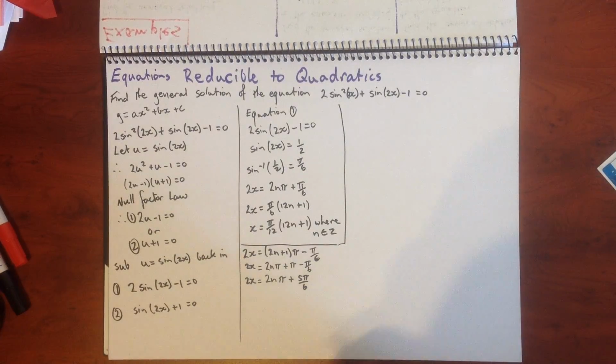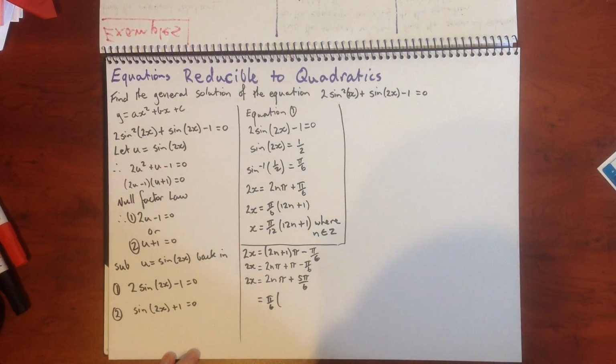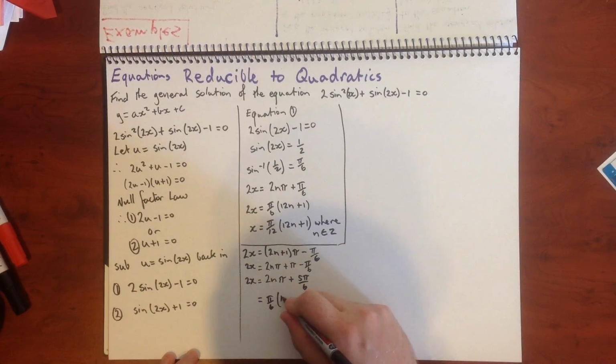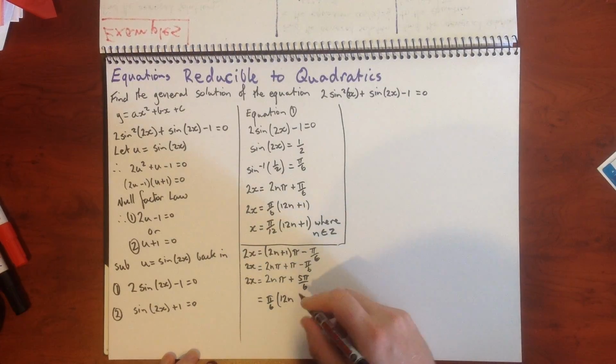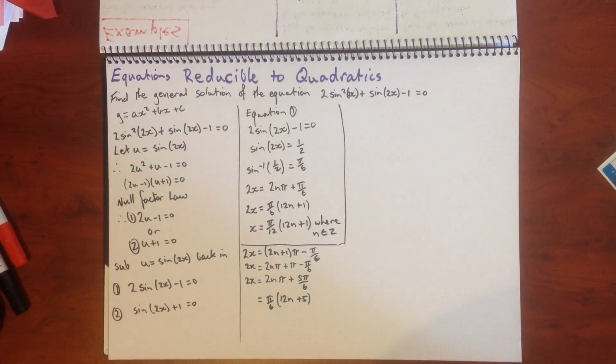So if we take out pi on 6 as a common factor, then we're going to be left with 12n plus 5. And you see I didn't take out 5 pi on 6, it's just pi on 6. It doesn't matter too much, as long as it's something that takes out the pi from both of them. And it makes it look simpler.